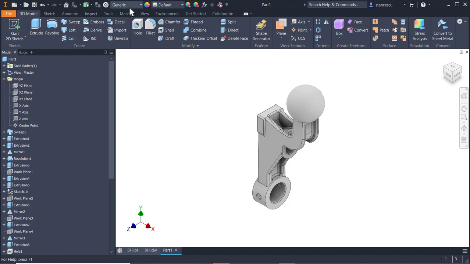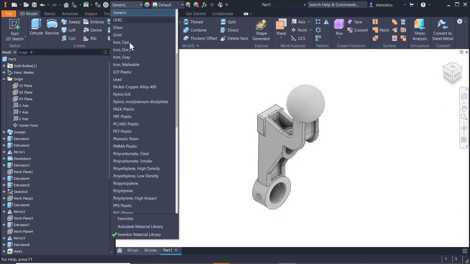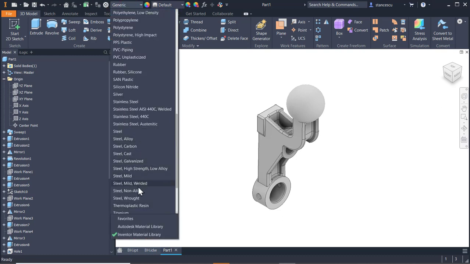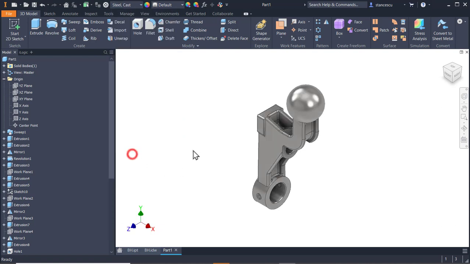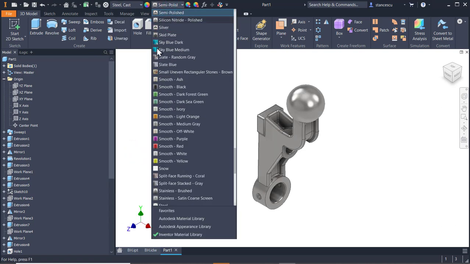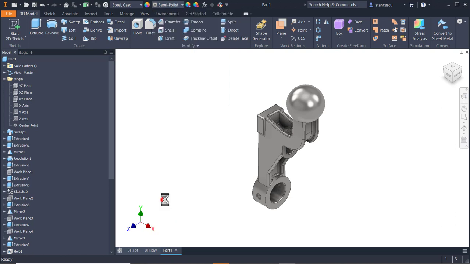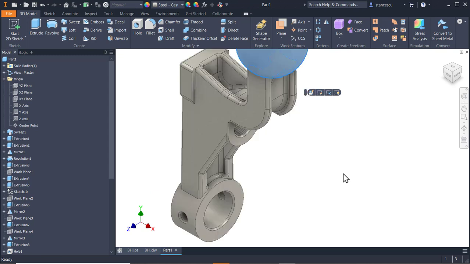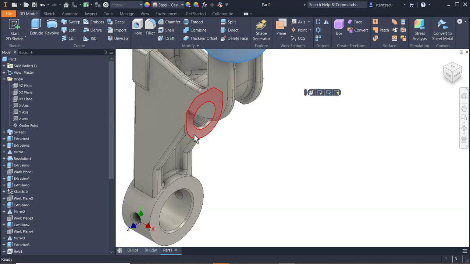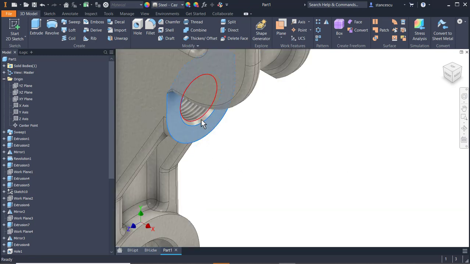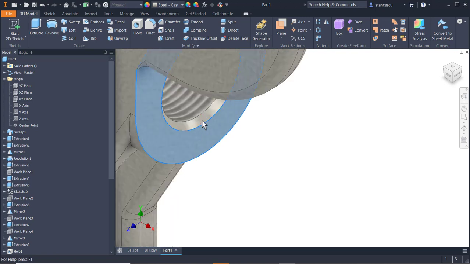And then material, steel cast, general aspect, and some polished faces which are to be selected.